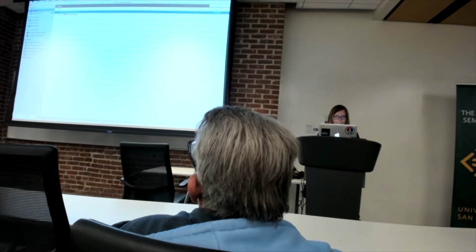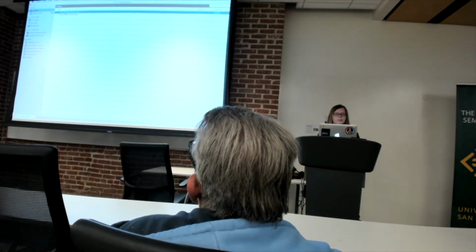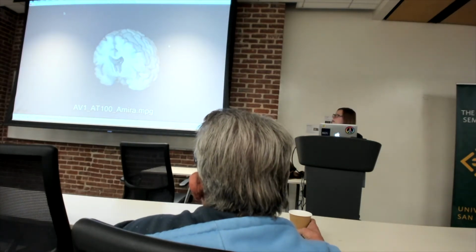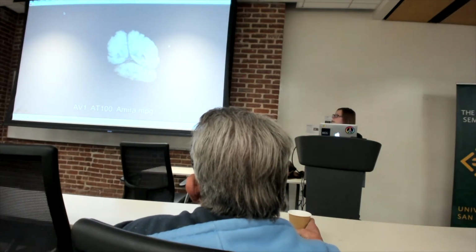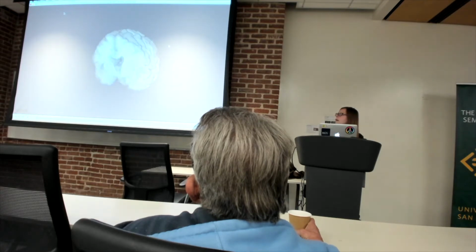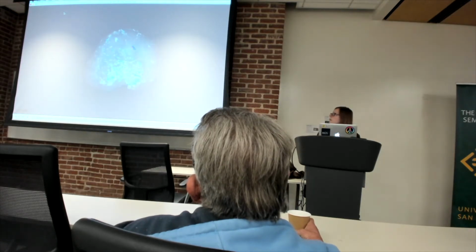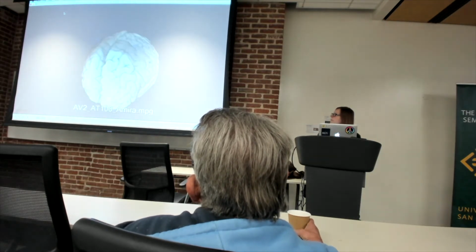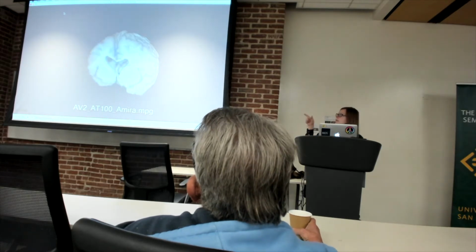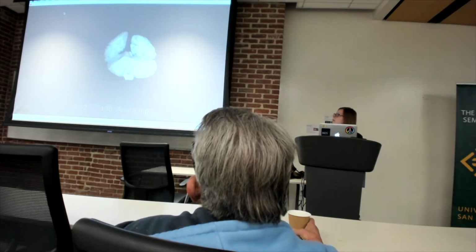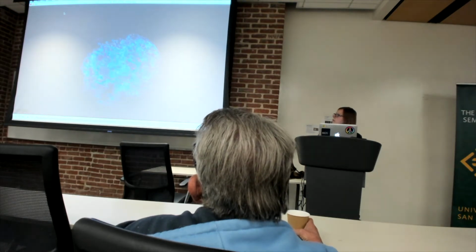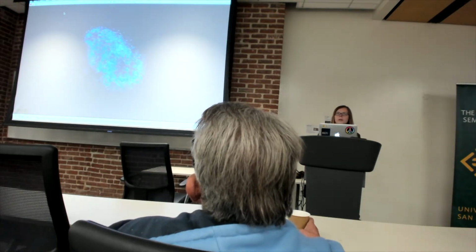This is a reconstruction of the early stage patient, and the purple blobs are the tau accumulations. And that's the late stage patient, and you can see it has way more protein, as expected.